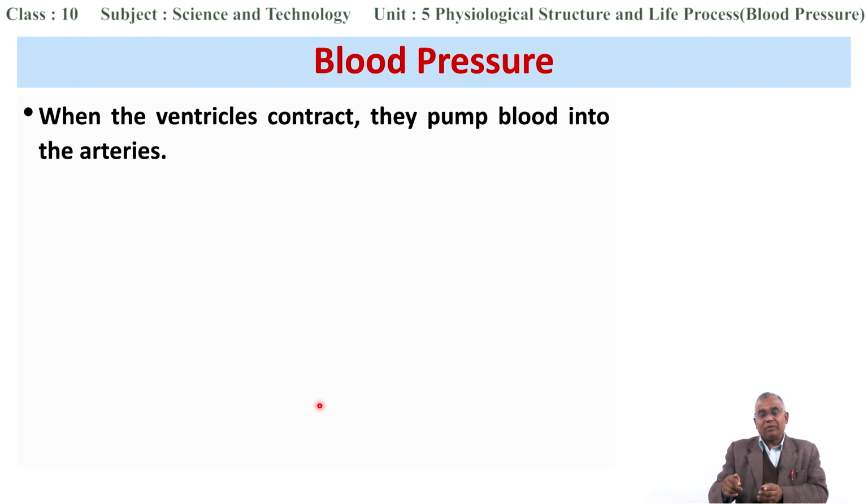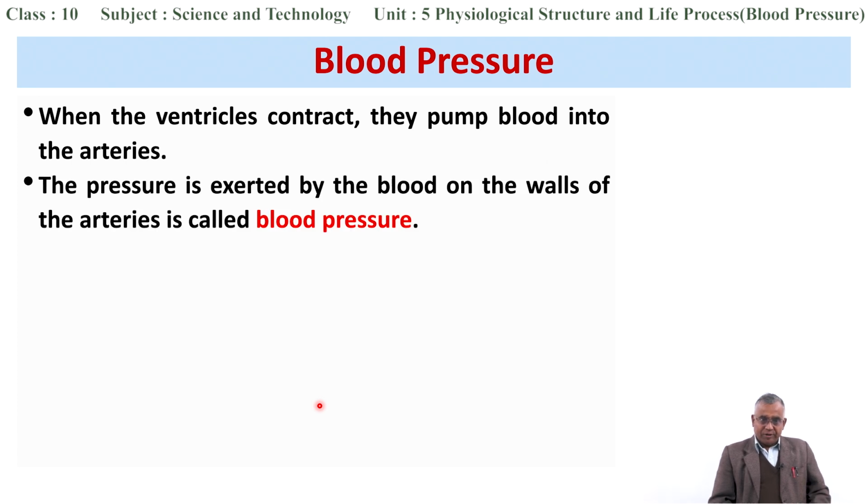Another tube, that is the aorta, carries pure blood from the left ventricle to different parts of the body. During contraction of the ventricle, the blood gives maximum pressure on the wall. And when ventricles relax, the pressure of blood on the wall is comparatively very less. On the basis of it, the pressure given by the blood on the wall of arteries is called what? Blood pressure.